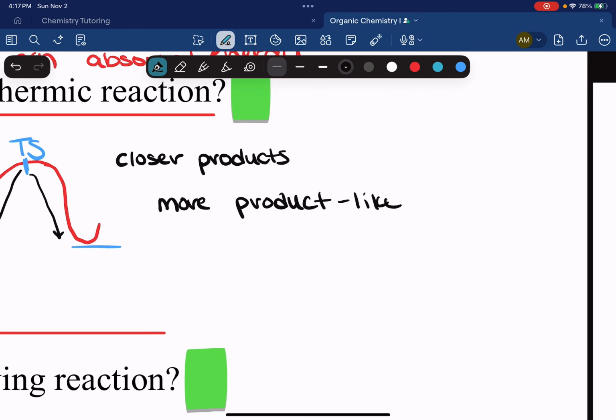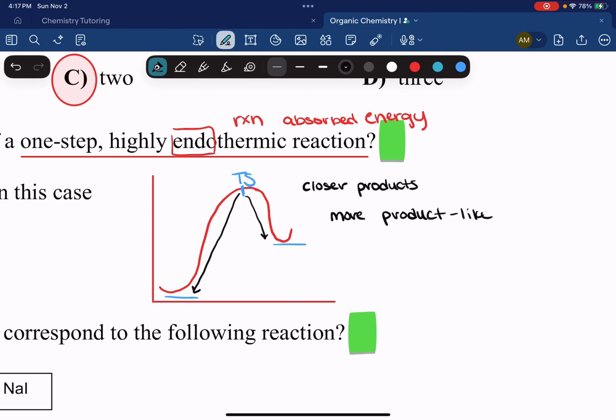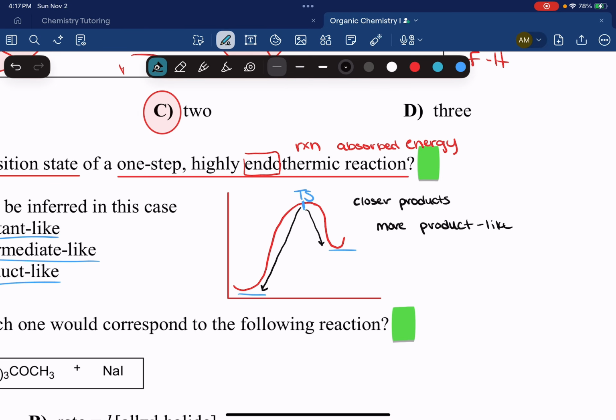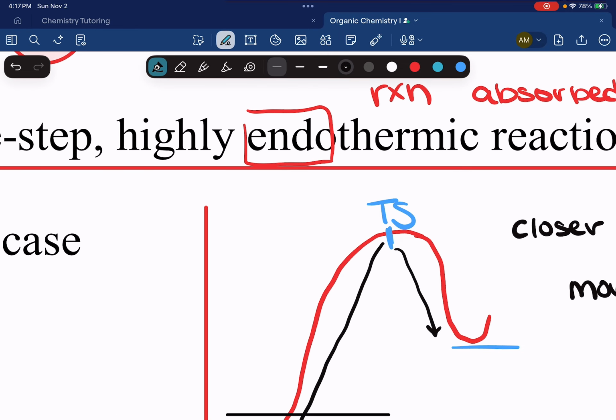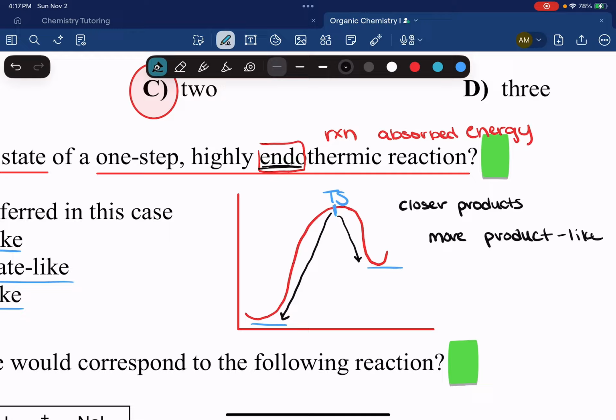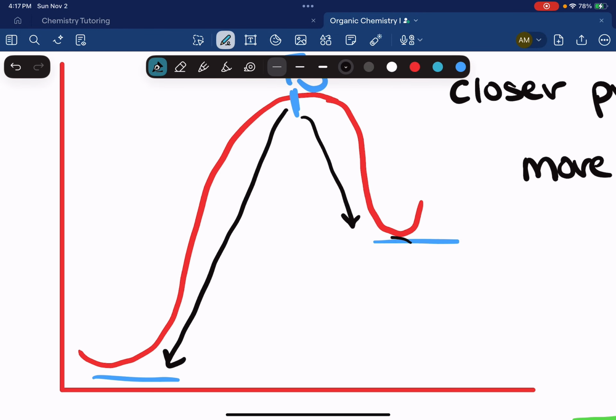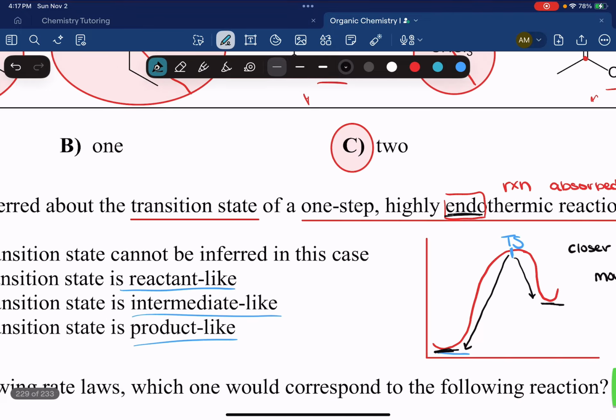than our reactants. So when you're looking at these, the main things to look at are one step and highly endothermic. Endothermic lets us know that our products absorbed energy, so they were higher than our reactants. Did you guys see that?